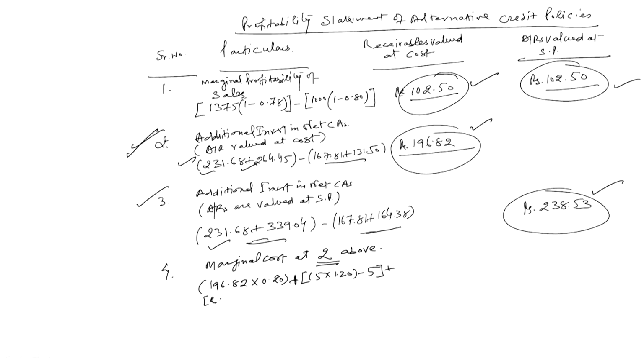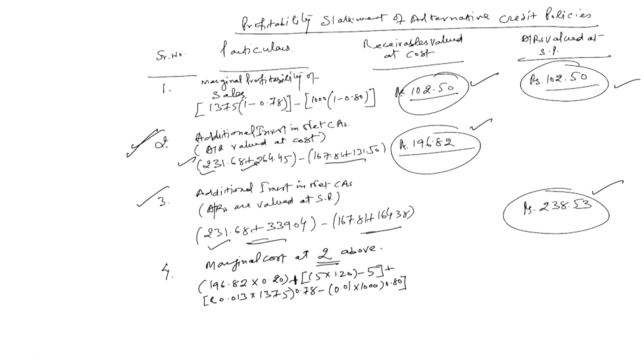Bad debt cost is 0.013, that is 1.3%, it will be 1.3% of which amount, 1375, and at cost we are taking, so we will have to multiply it by the new cost, that is 78%, minus here 0.01, the existing was 0.01 of what, that is of 1000, the old level of sales, and the cost was 80%, right, the cost was 80%.